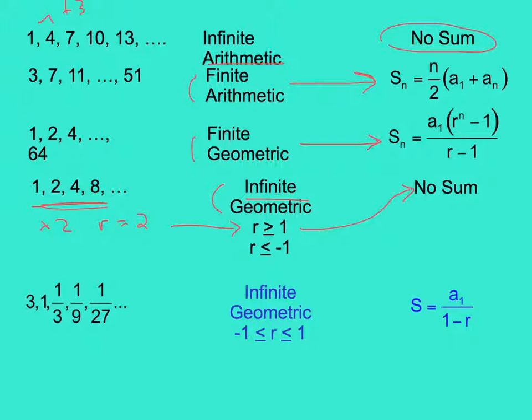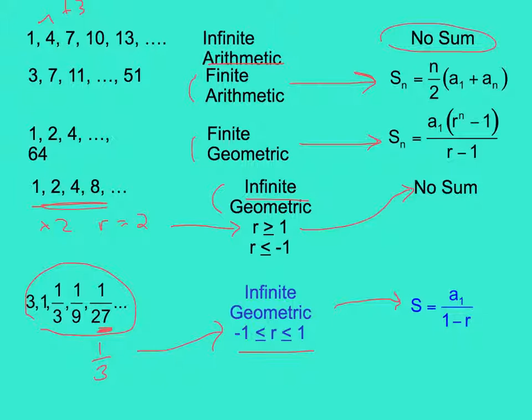However, if my R value, for instance multiplying by 1/3, is in between -1 and 1, then since we're adding a smaller and smaller amount every time, it's not really contributing that much, so we can take it all the way out into infinity, and it does arrive at a certain number.